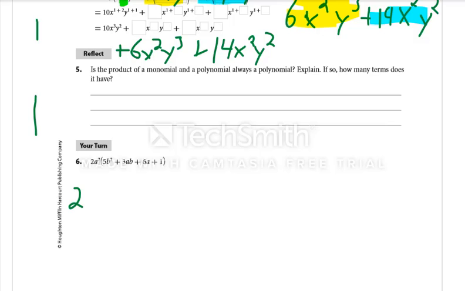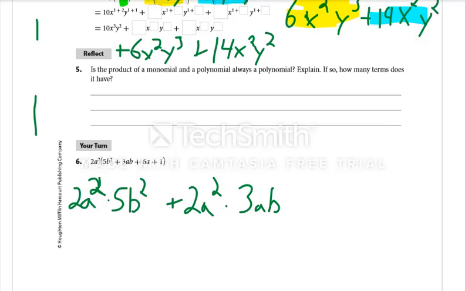So we're going to have 2a squared times 5b squared, plus 2a squared times 3ab, plus 2a squared times 6a, and plus 2a squared times 1.